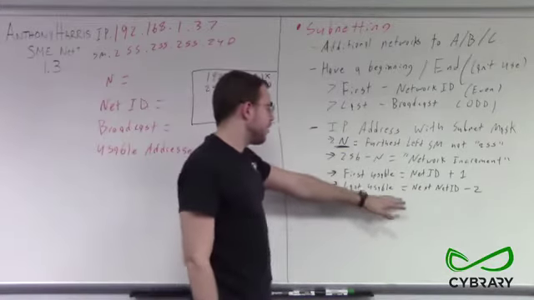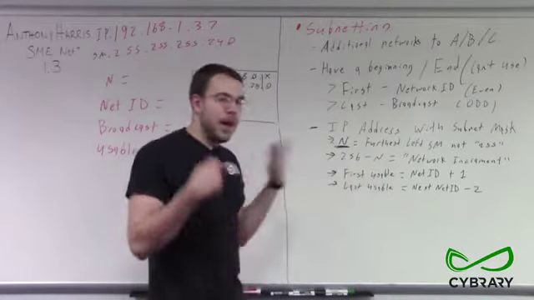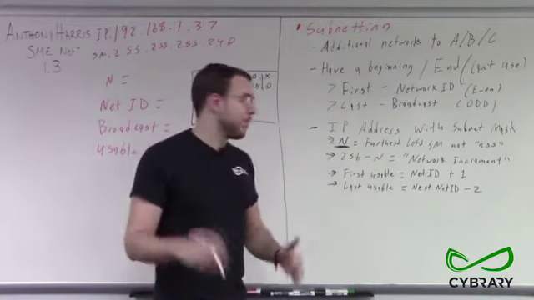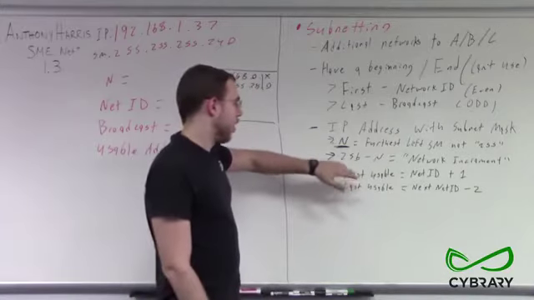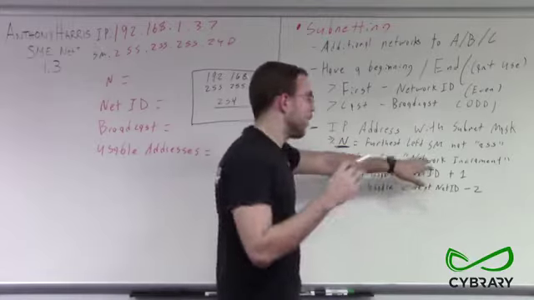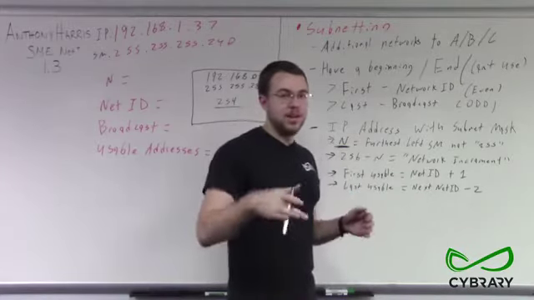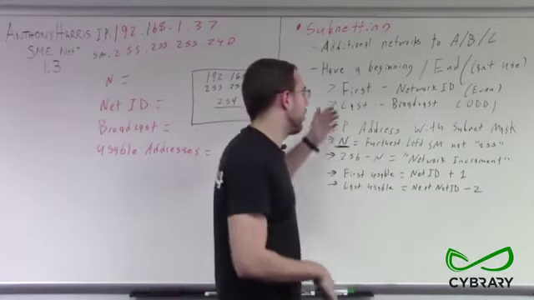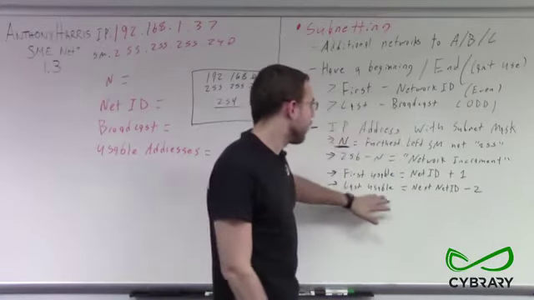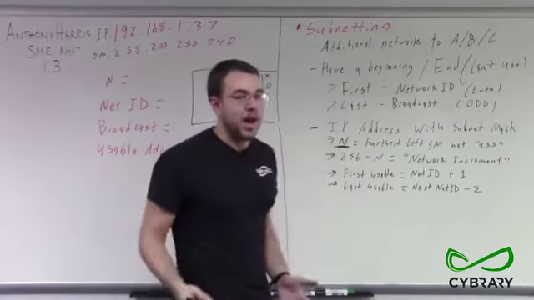Now, how do we find our network ID and our broadcast ID? Well, our network ID is going to be that first address that we hit in our network increment. So 0, 16, 32 are all going to be our network IDs. Our broadcast ID will be the last address, and remember, it will be odd.